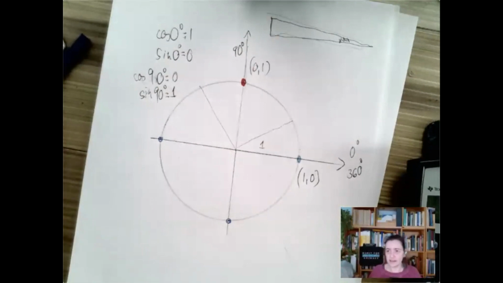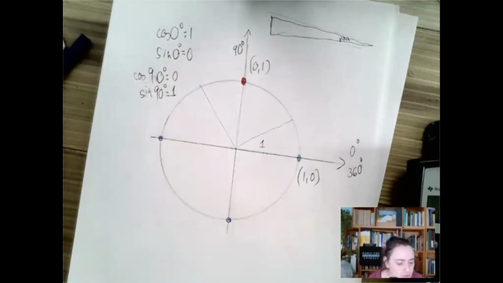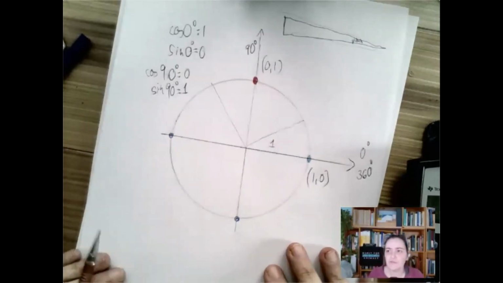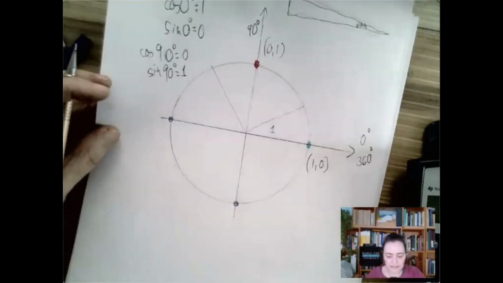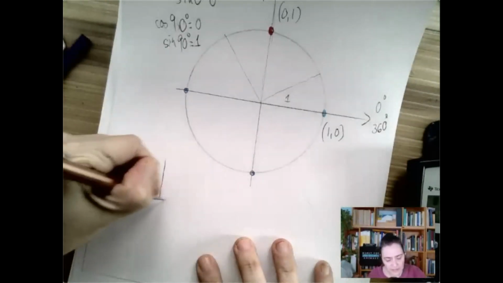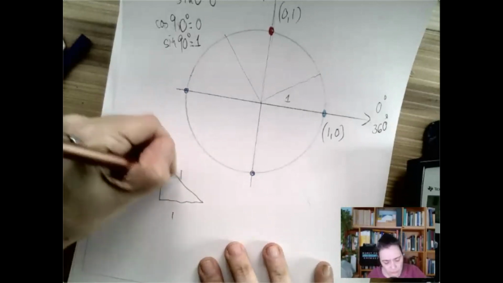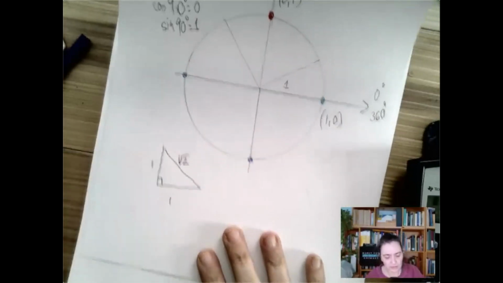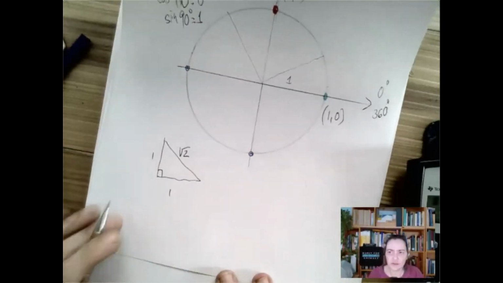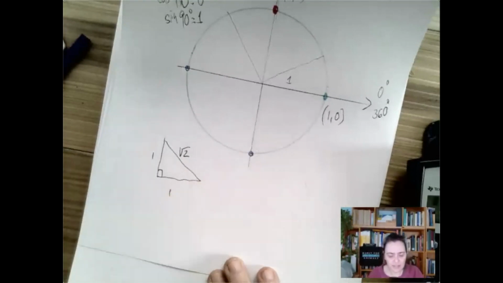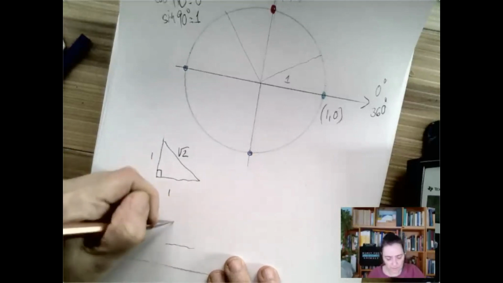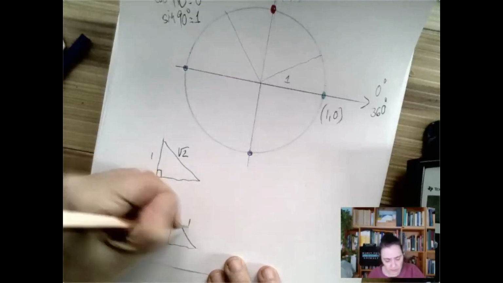I think it's pretty straightforward, and your calculator is going to be next to you. So there is one more group, and that's the 45 degree and related. If we start with the 1, 1, root 2 triangle for 45 degrees, and we want to shove this into this unit circle, we have to scale it down so the hypotenuse is 1. Then the other numbers are going to be 1 over root 2.